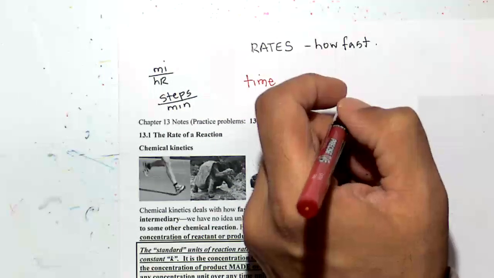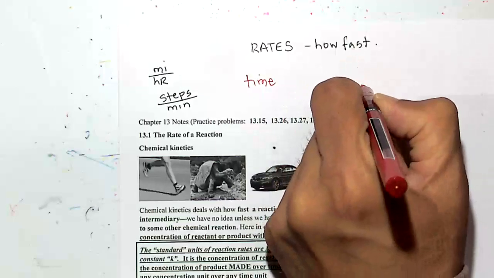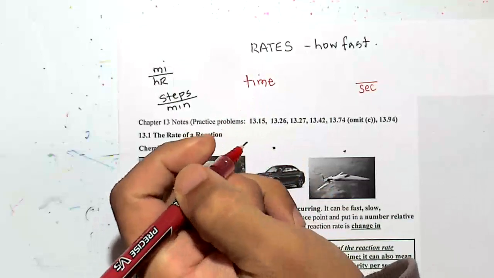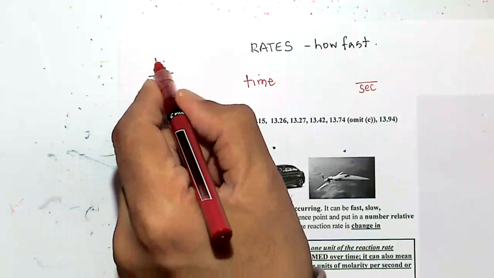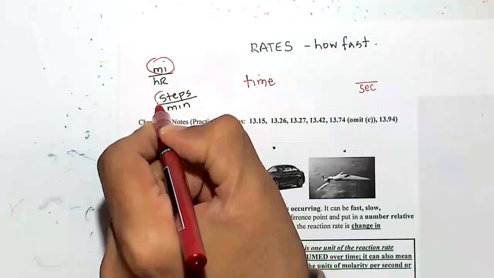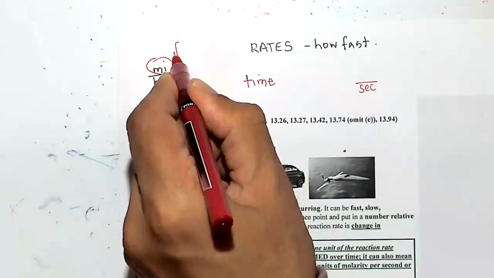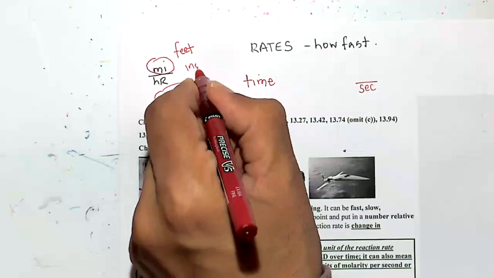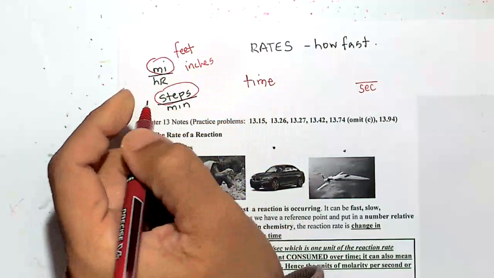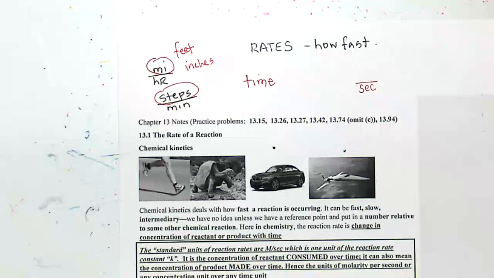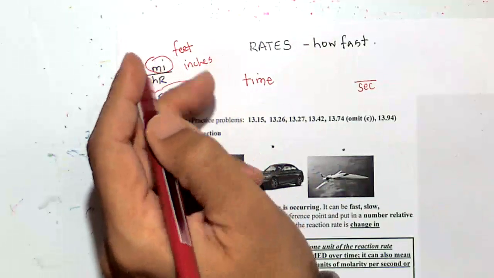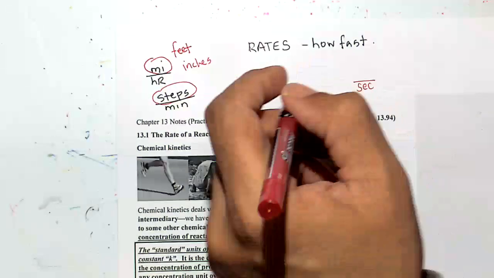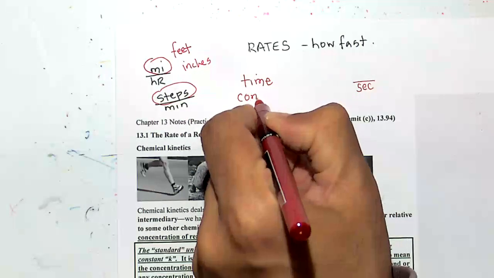So the SI base unit of time is seconds. And speed usually conveys some distance, feet, inches. But we're in chemistry class, so instead of distance over time, it's going to be concentration over time.